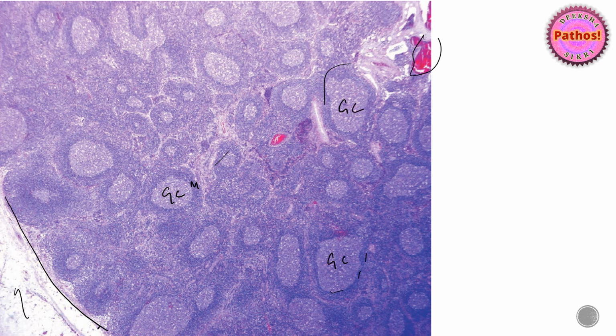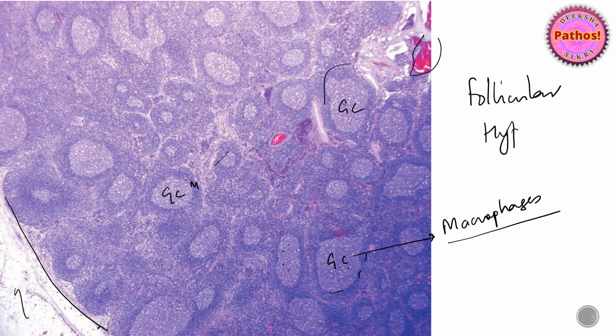Within the germinal center, you can see some empty white spaces from a distance. Those are actually tingible body macrophages. Those are macrophages because it's a very highly proliferating germinal center which is expanded, and this is an example of follicular hyperplasia. Follicular hyperplasia, a B cell expansion.